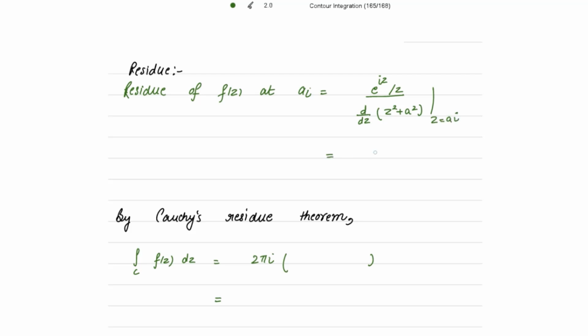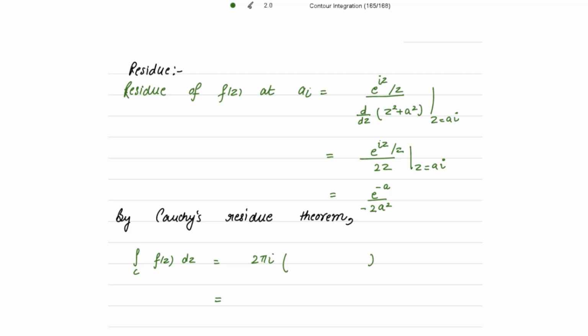This is e to the power iota z over z divided by 2z, at z equal to a iota, and then just put the value of z over here, you get e to the power negative a, because iota square is negative, over 2a square with negative sign.